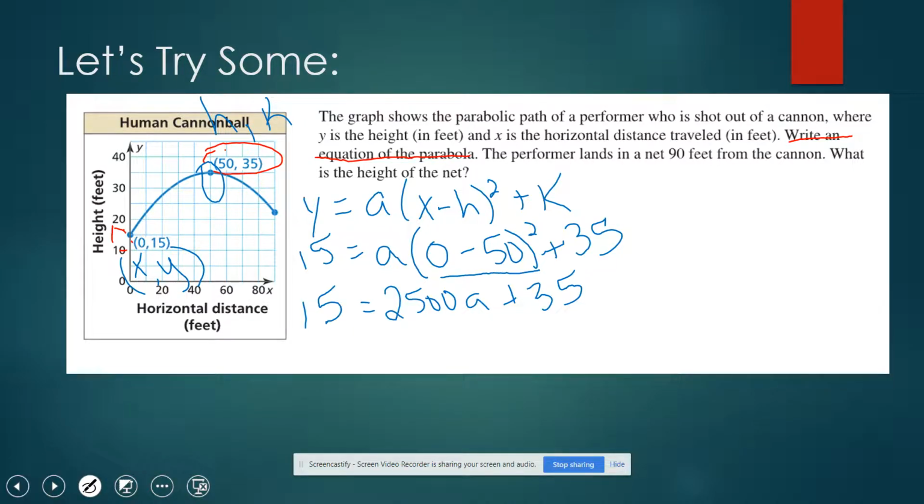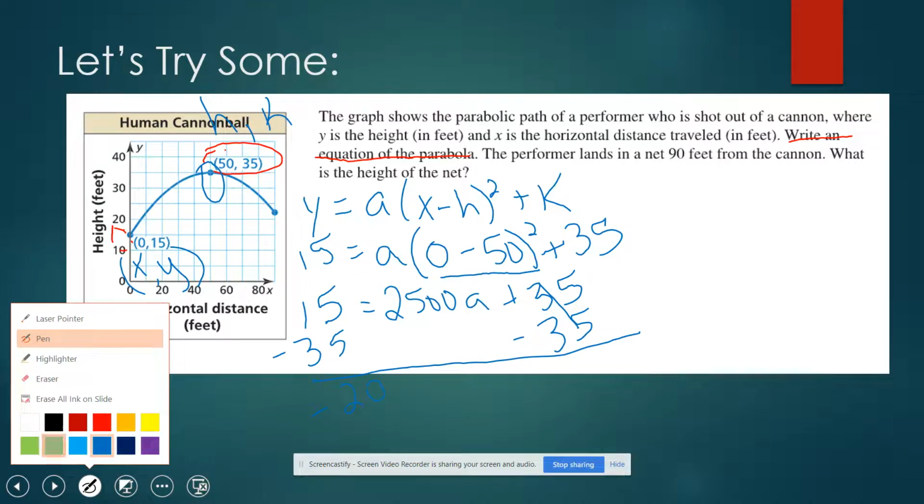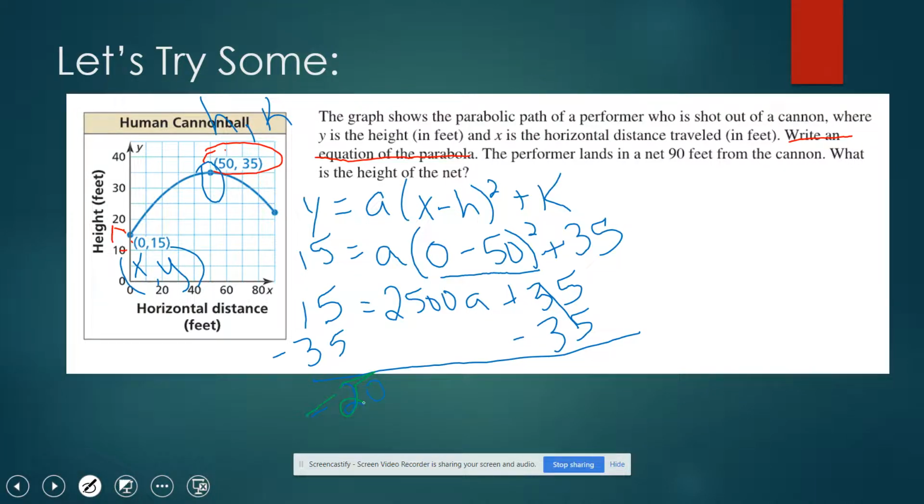Now we can solve to get a alone. Remember, we start with subtracting 35 over to its like term. And we get negative 20. Negative 20 is equal to 2,500A. And then divide both sides by 2,500. And we're going to go ahead and leave these in fraction form.